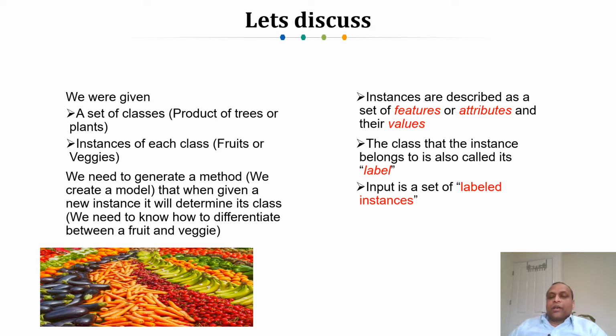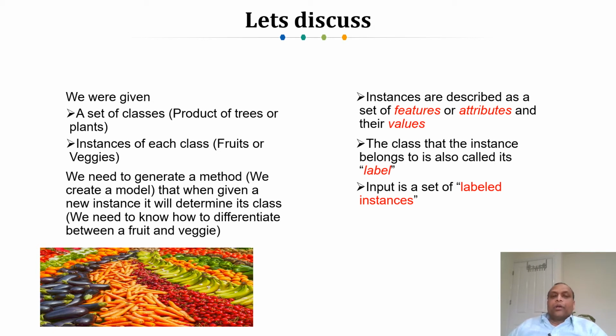The whole thing is called brinjal, so that name brinjal is the label. Input is a set of labeled instances. So basically, you train the machine using the data, which is called the training data set.